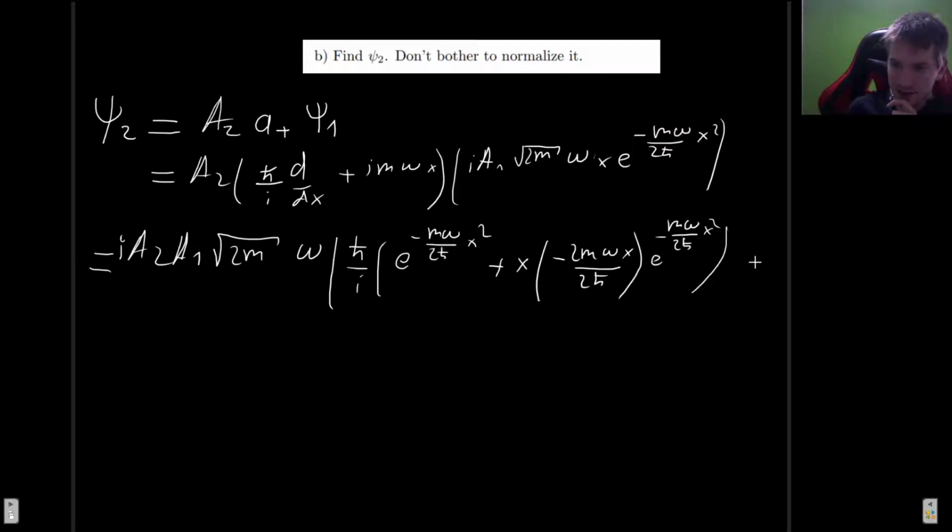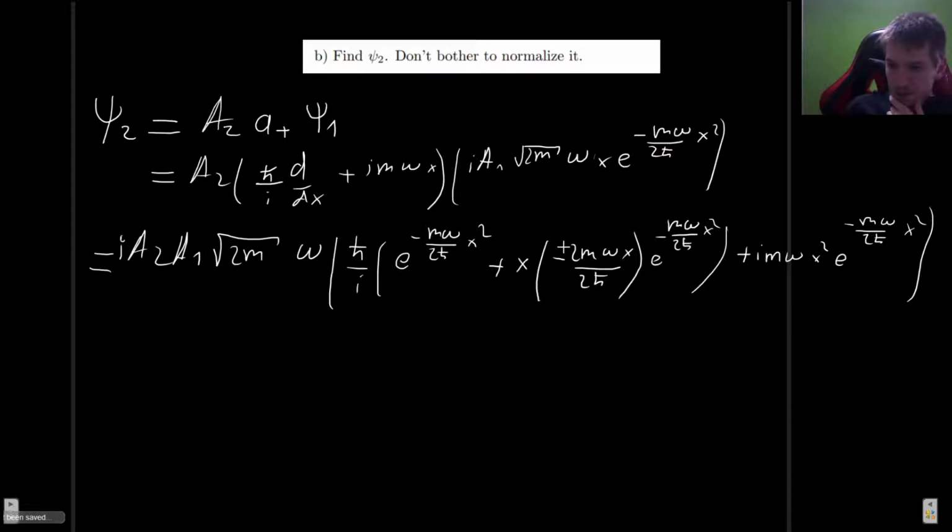And now we got this second term right here, which is going to be plus i m omega x squared e to the minus m omega 2h bar x squared. Okay, great. Yes, I got all parentheses closed.